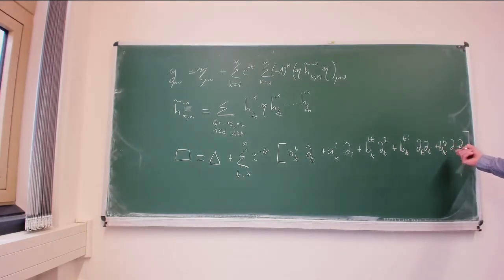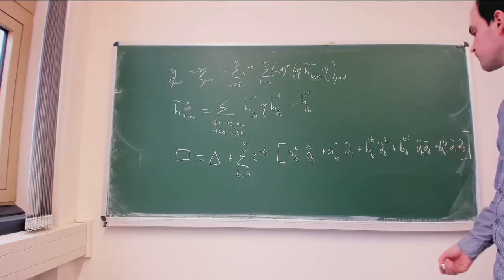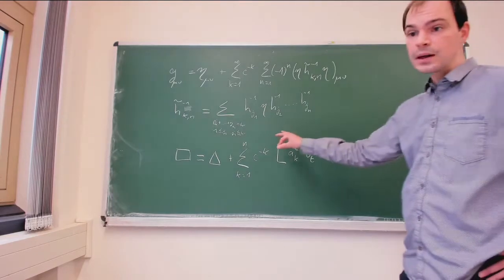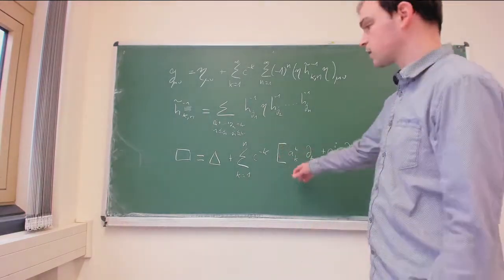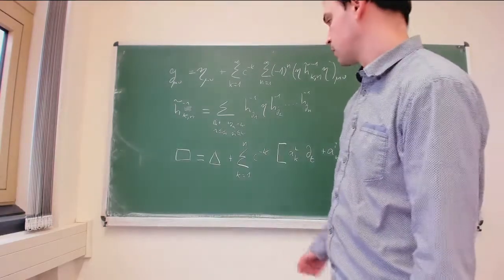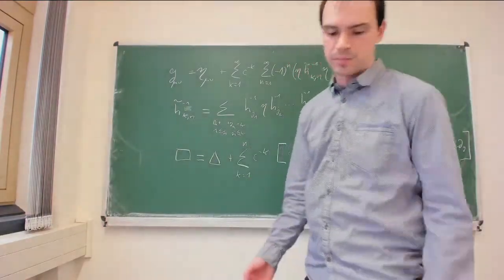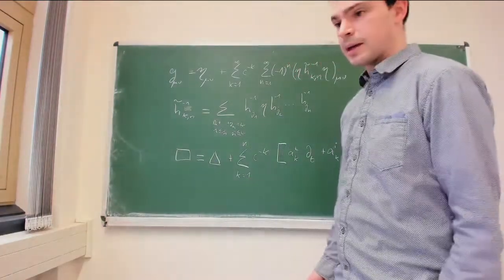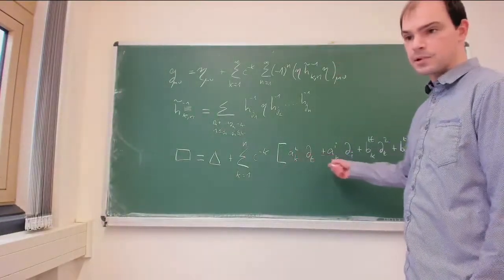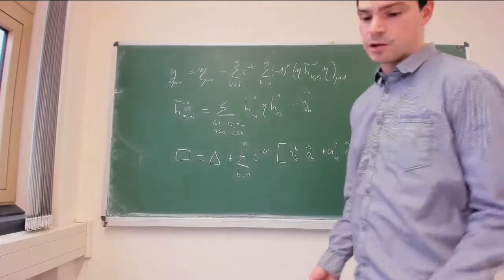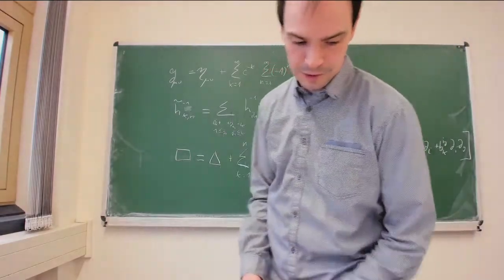So that's 3, 4, 5, 6 coefficients b_k. And we can now use this expression for our operator box. And we have the concrete form of these coefficients a and b in terms of the metric.